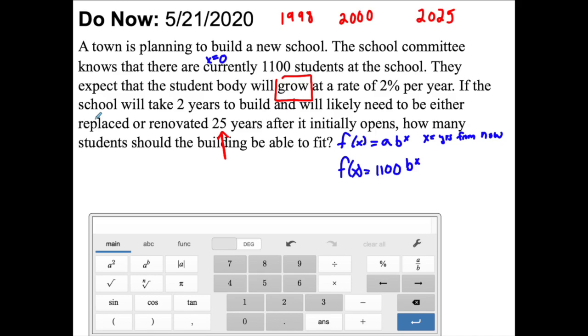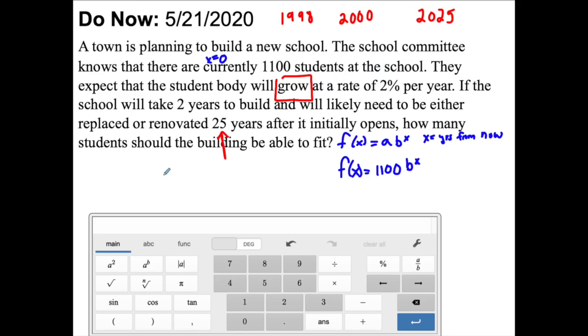When we see words like decay, contract, decrease, lose value, decline, we should be thinking decreasing. So this is exponential increase.